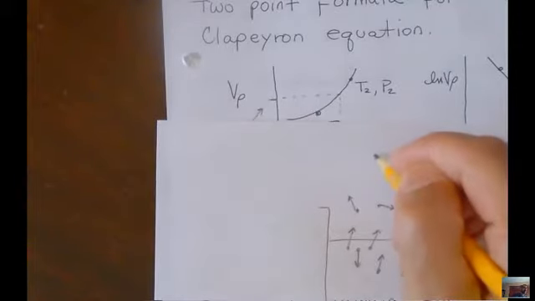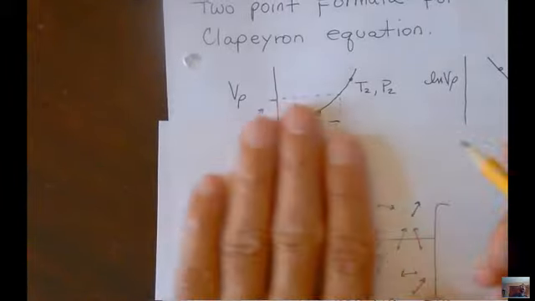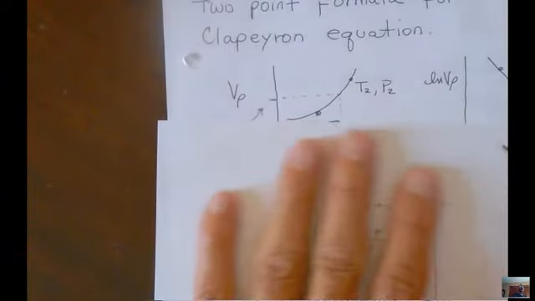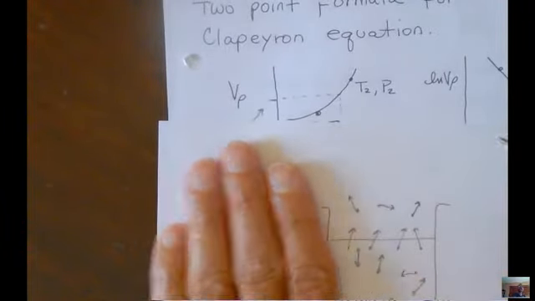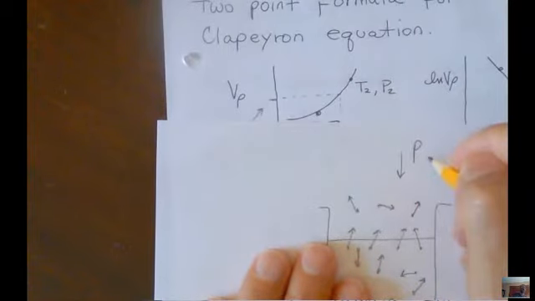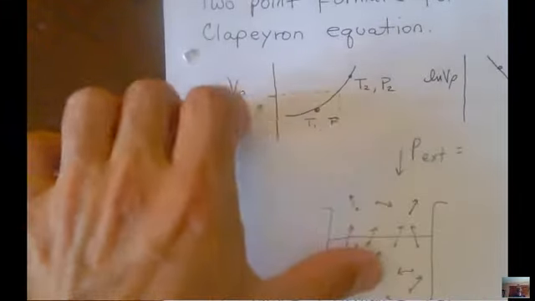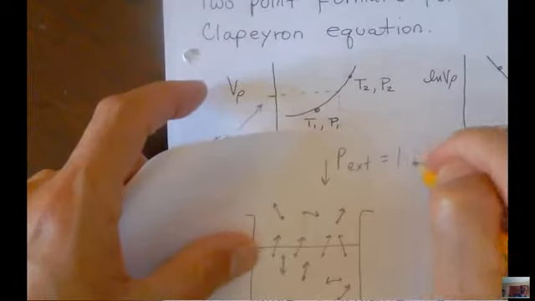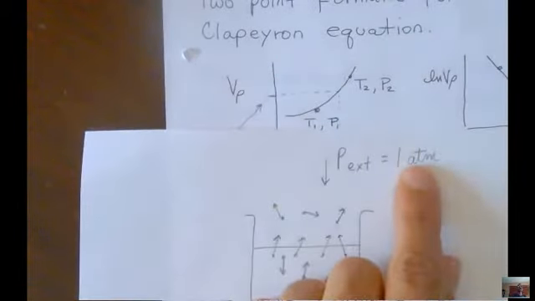Now remember, you also have a pressure based on the room. You have the air molecules and whatever, so that's the external pressure. So coming down over here, we have P external. Most of the time, we're at room pressure, so P external is 1 atmosphere of pressure if you're, like we are in New Jersey, at sea level.